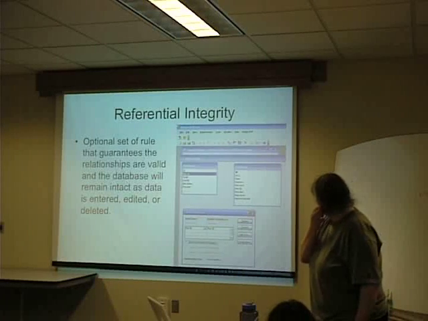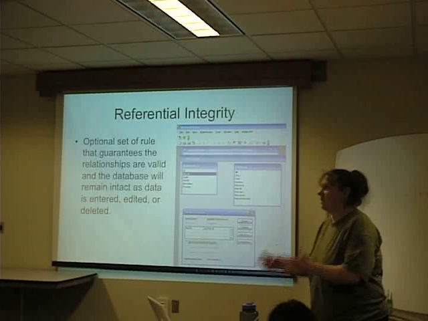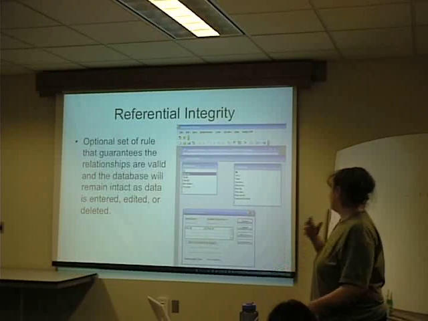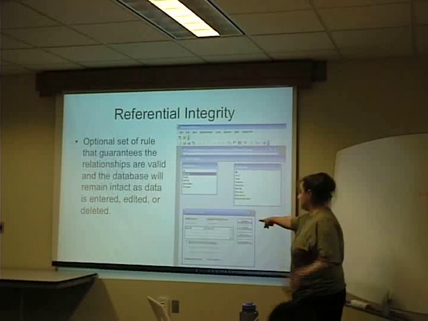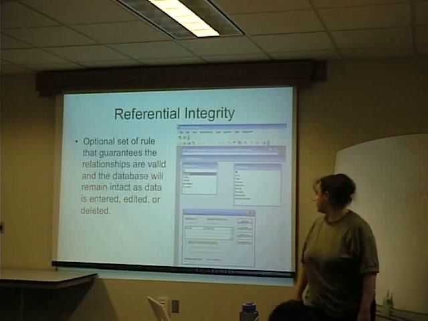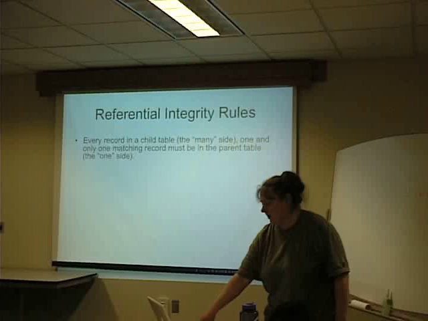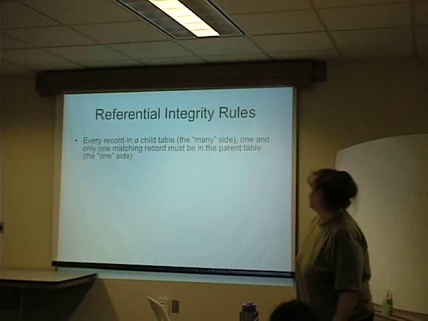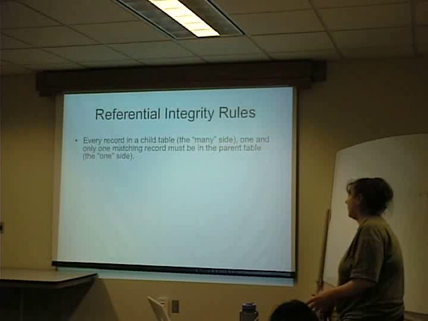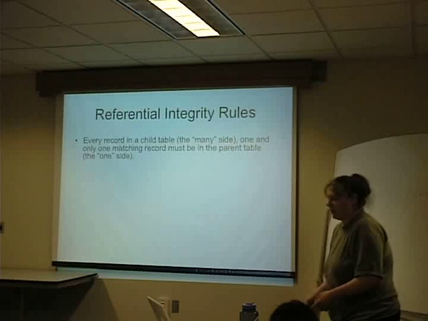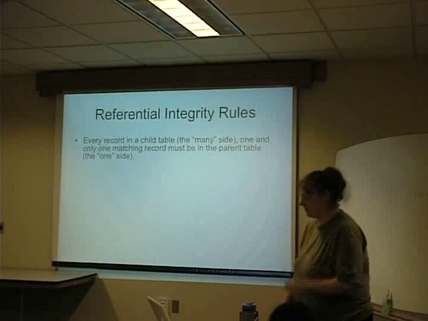And referential integrity is a set of rules that guarantees your relationships are valid and the data will remain intact. When you're setting up relationships in Access, you just click the box there to set one up. Some of the rules are that for every record in a child table, so the many side, there is one and only one matching record in the parent table, so the one side.